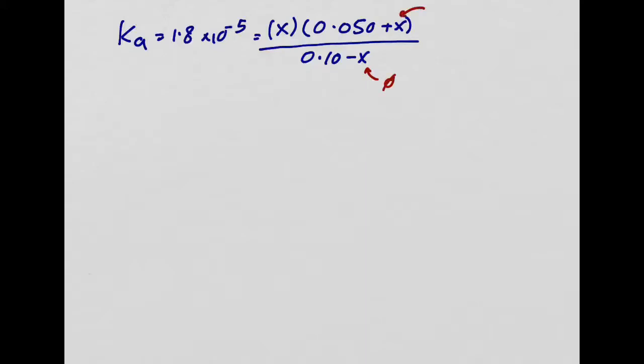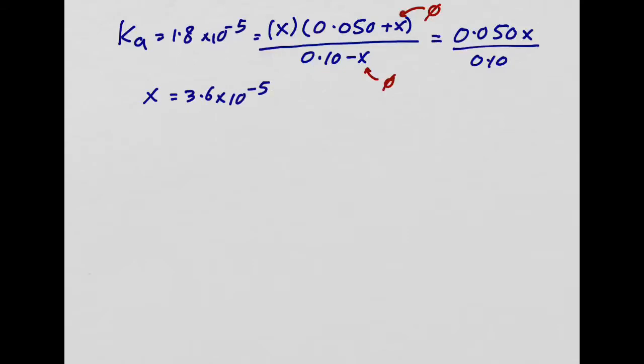You can also assume this X is 0 also, because compared to that, it's going to be a tiny number. That makes it a little bit easier to solve. So then I have 0.050 X over 0.10. If I solve for X, what I end up getting is 3.6 times 10 to the minus 5.